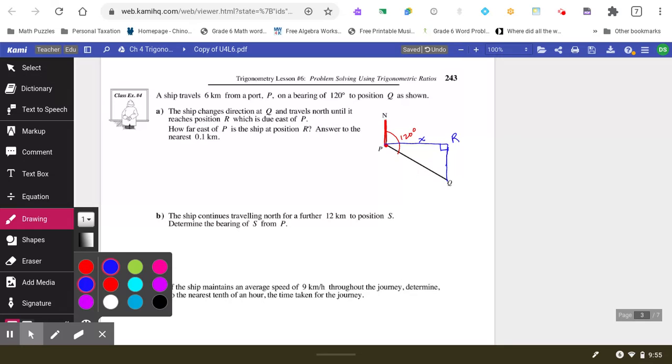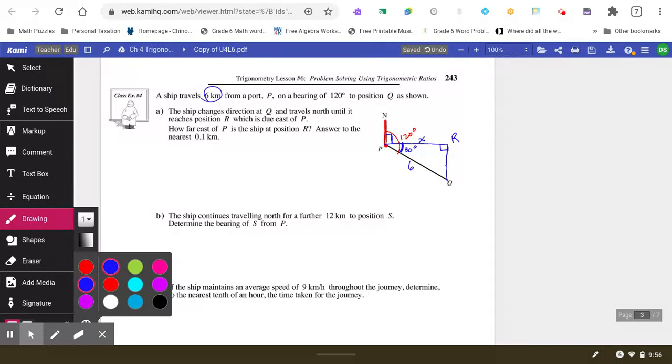All right. Do we know anything? Go back. A ship travels 6 kilometers from a port P. This is 6 to position Q. Now I really need this part. Well, here you go, folks. This is 90, but the whole thing is 120, so this must be 30 degrees, the little blue.